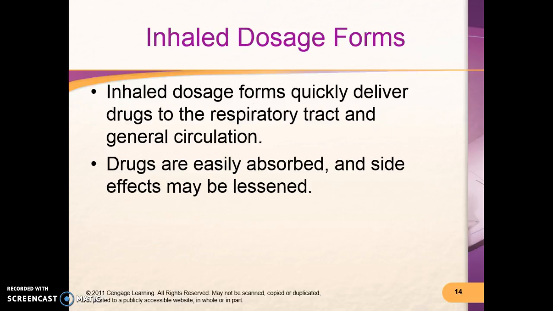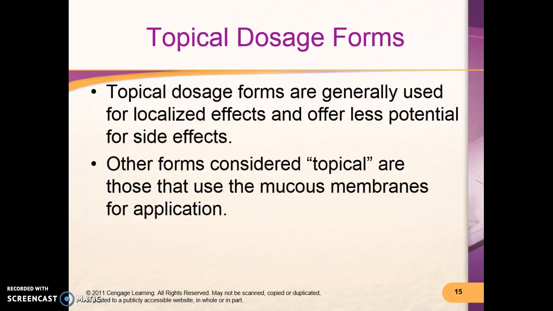Inhaled doses are also things that get there quickly, so they're inhaled directly into the respiratory tract. Topical is the ones that go on the skin or other mucous membranes, so we apply them directly onto the skin.